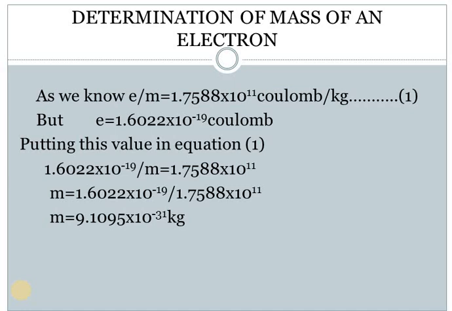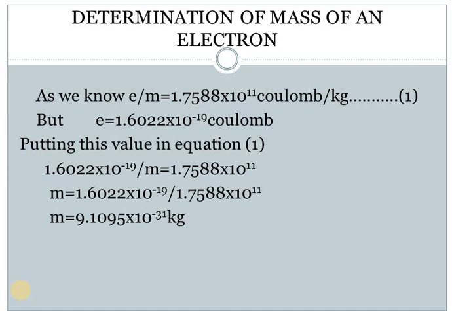We know that the e by m ratio, just previously we have studied, is equal to 1.7588 into 10 raised to power 11 coulomb per kilogram. This is the first equation, and we know that the charge of an electron is 1.6022 into 10 raised to power minus 19 coulombs.